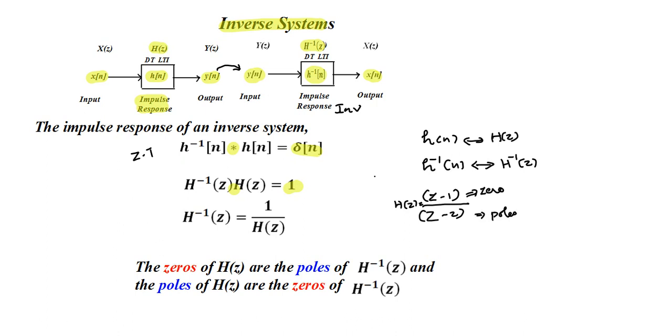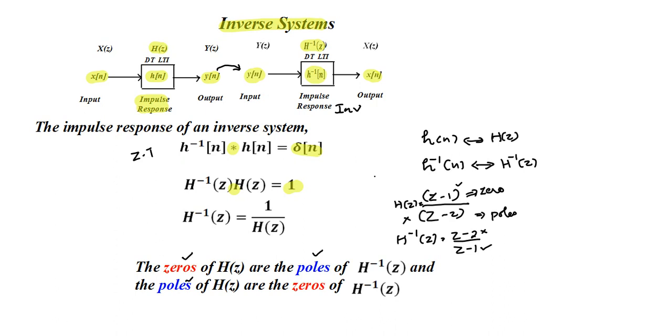Now we need to consider h inverse of z, which simply becomes z minus 2 by z minus 1. So the zeros of h of z, that is z minus 1, become poles here. Similarly, the poles of h of z become zeros of h inverse of z.